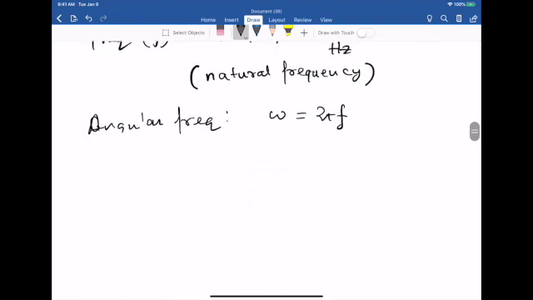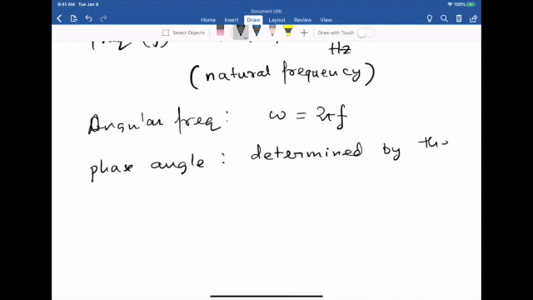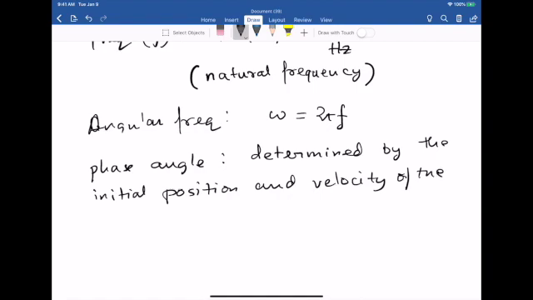So the phi, the phase angle, is a constant that's determined by the initial position and velocity of the system. So those are all the constants that we are going to encounter.